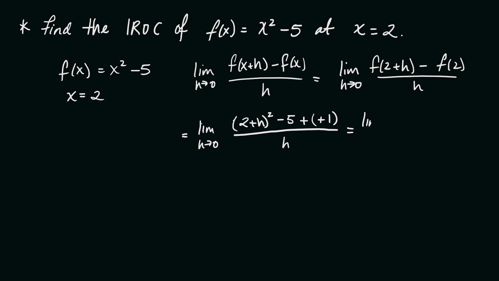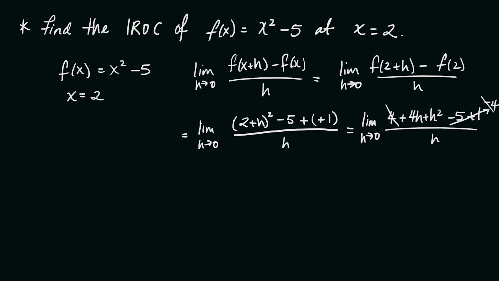That evaluates to the limit as h approaching 0 of 4 plus 4h plus h squared minus 5 plus 1. Now negative 5 plus 1 is just equal to negative 4. That all over h, so the negative 4 cancels out here.